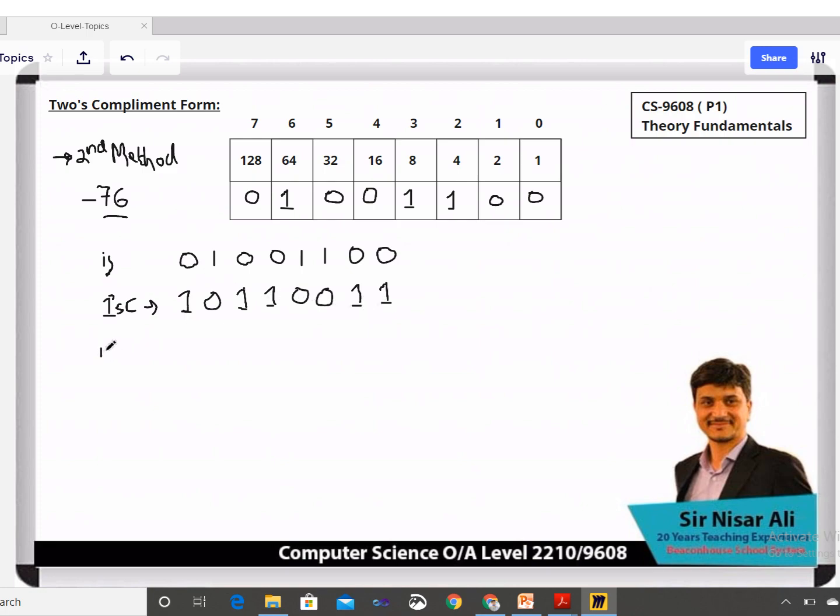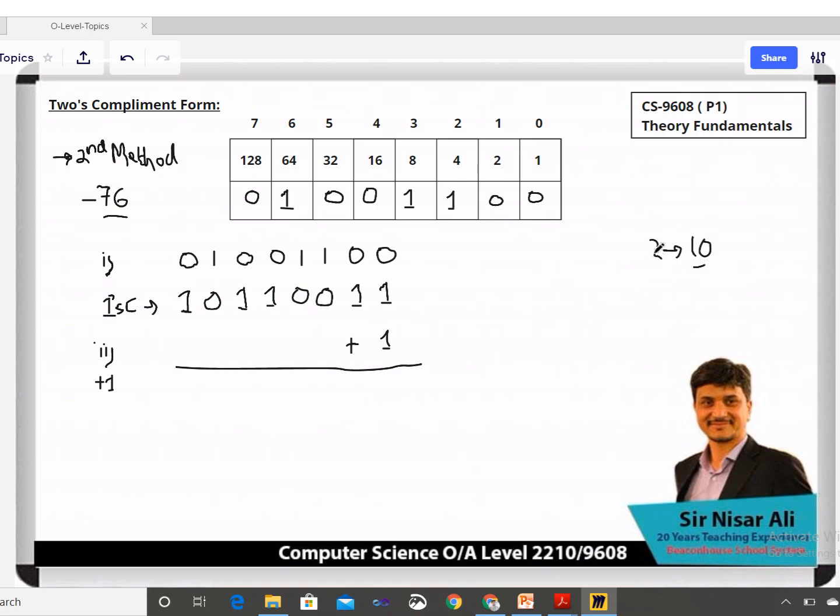This is the first step. And what is the second step? The second step is that we have to add 1 into it. So when we add 1 into it, we'll do binary addition. 1 plus 1 is 2, and we represent 2 as 1 0.